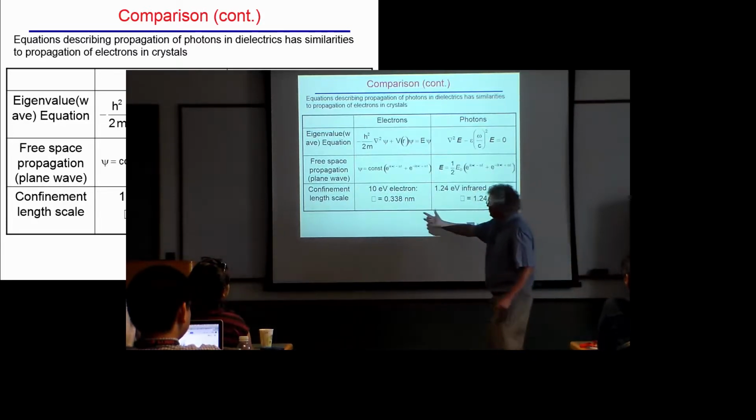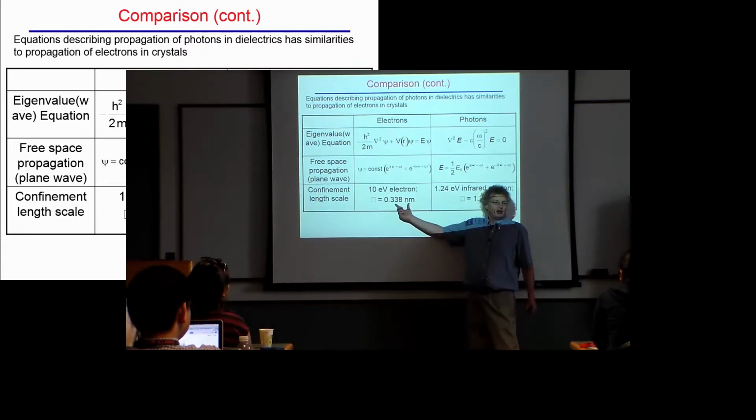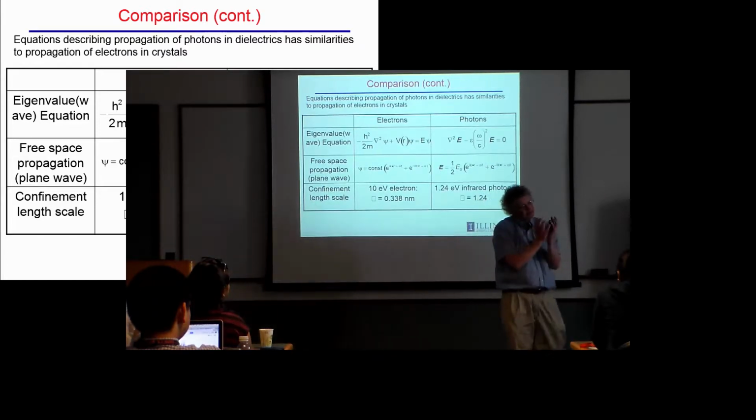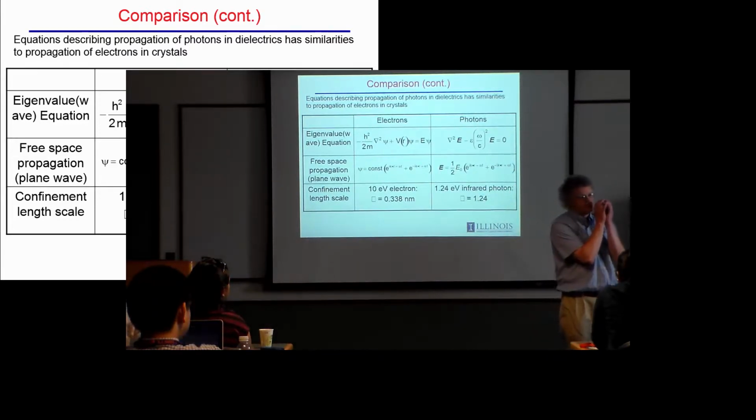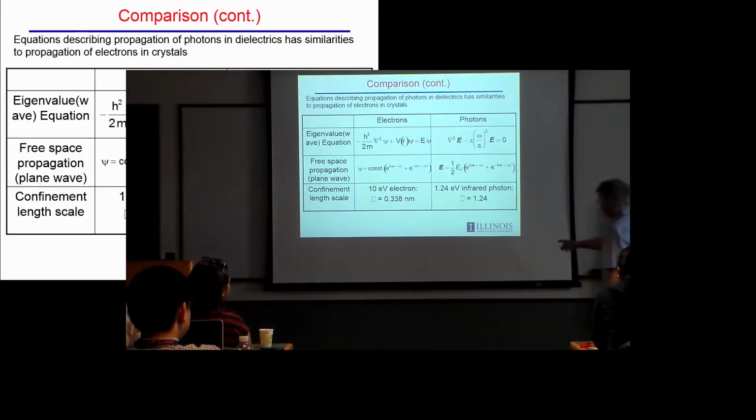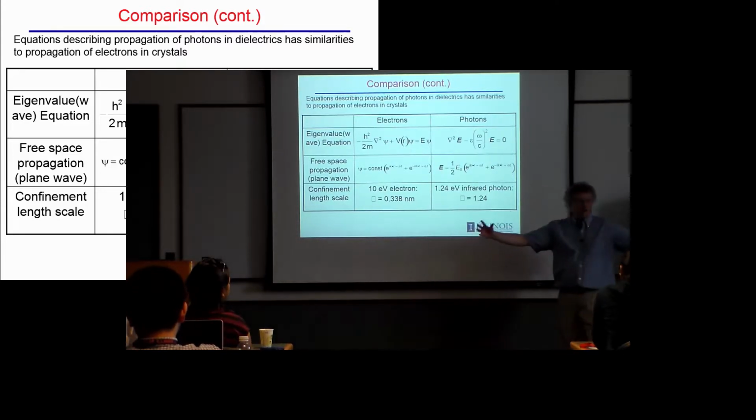Well, my point here is it's going to be a nanometer or a few nanometers. In terms of confining that down to its fundamental length scale, it's a couple of nanometers. On the other hand, for a photon, it's a lot bigger box.